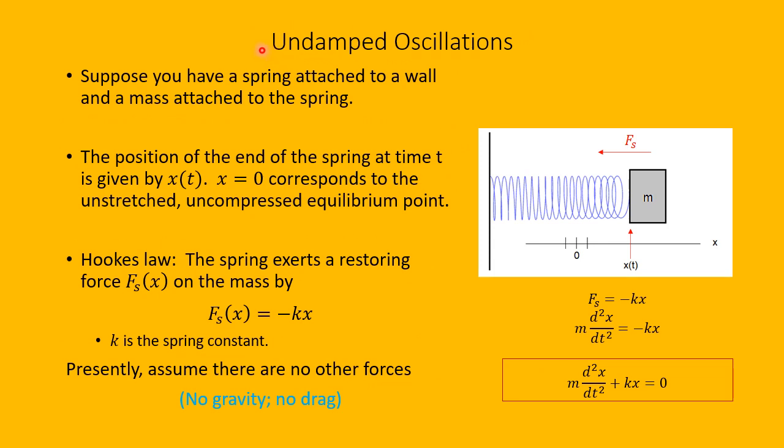So first let's look at undamped oscillations. Suppose you have a mass attached to a spring, and the spring attached to a wall. Here's a diagram showing that. Here's the wall, here's the spring, and here is the mass attached to the spring.